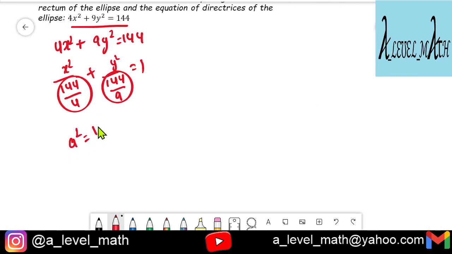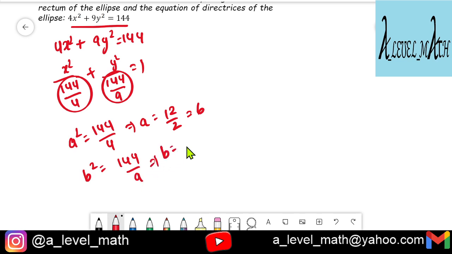A square is 144 by 4, which gives me a is equal to 12 by 2, which is equal to 6. B square is equal to 144 by 9, which gives me b is equal to 12 by 3, which is equal to 4.